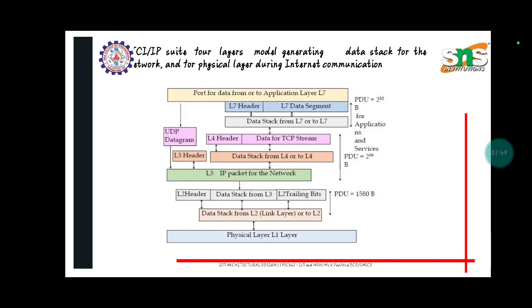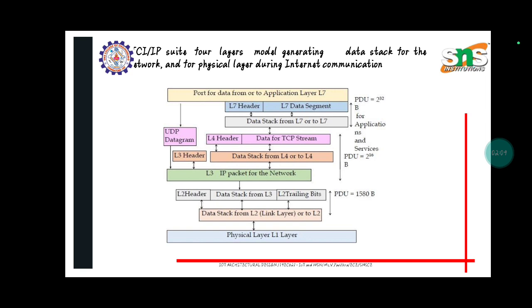Next one is the TCP/IP suite four-layer model generating the data stack. Here we are going to see from the physical layer L1, the data stack from L2 link layer with the L2 header, and the data stack from L3 to L2, the PDU, protocol defined user, and the IP packet and address. These are connected with the header and the data stack from L4, and then it is connected to the L4 header and data from the TCP stream.